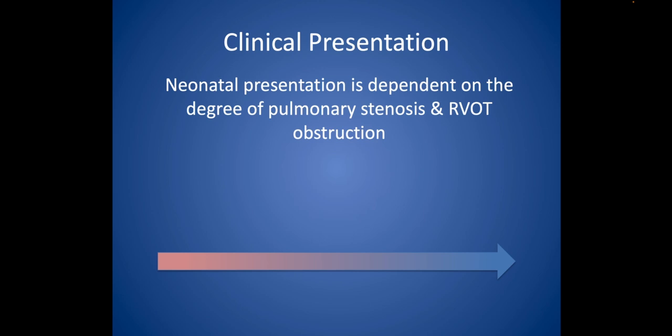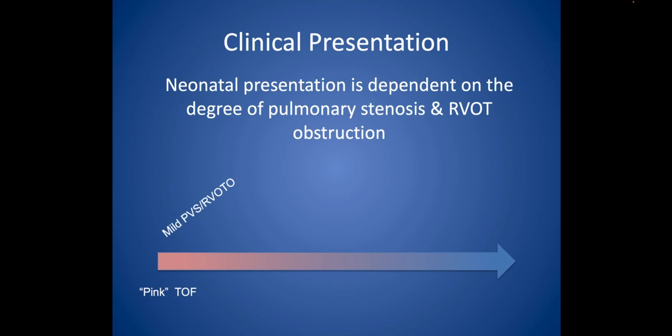So as a neonatologist, I think it's really important to understand Tetralogy of Fallot from a clinical presentation. Neonatal presentation is really dependent on the degree of pulmonary stenosis and RVOT obstruction.